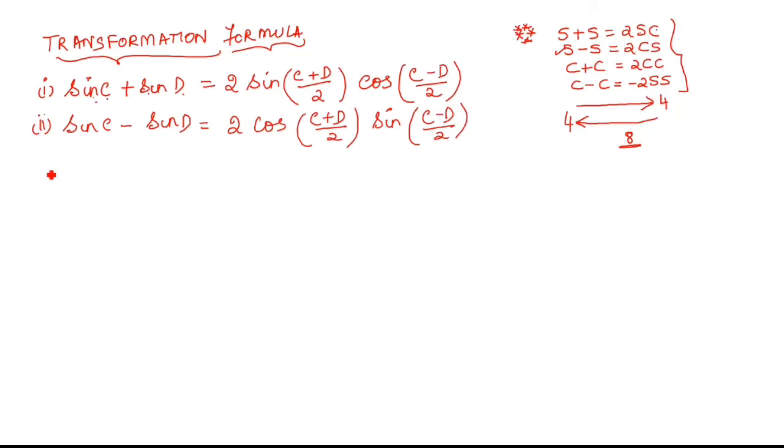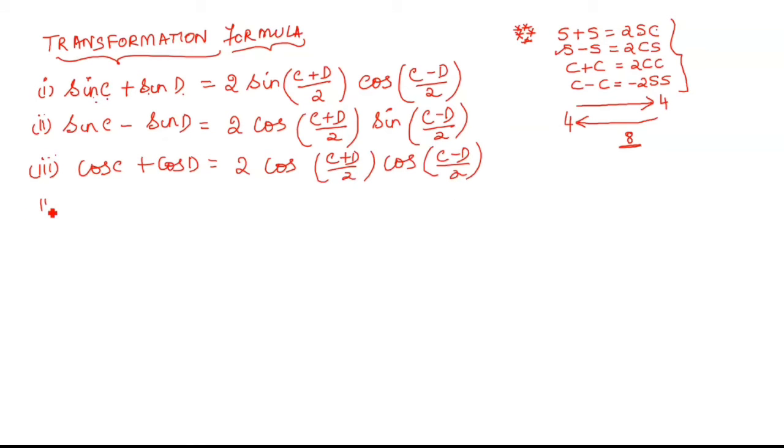So easy to remember. Okay, so coming to the third one. If I have cos C plus cos D, this reminds me of C plus C. So C plus C, what is the formula? 2CC. So therefore that is 2, C stands for cos. First add and divide by 2. Again one more cos. Subtract and divide by 2.